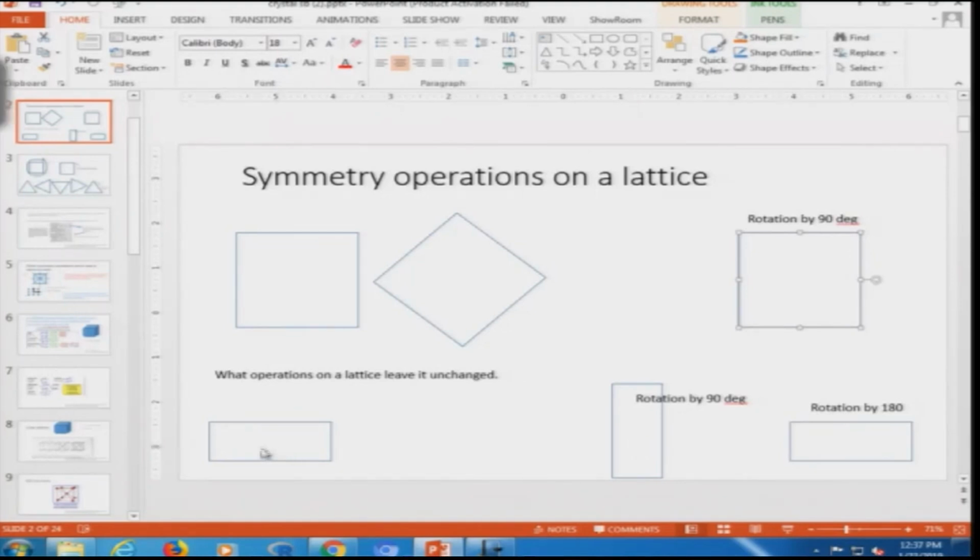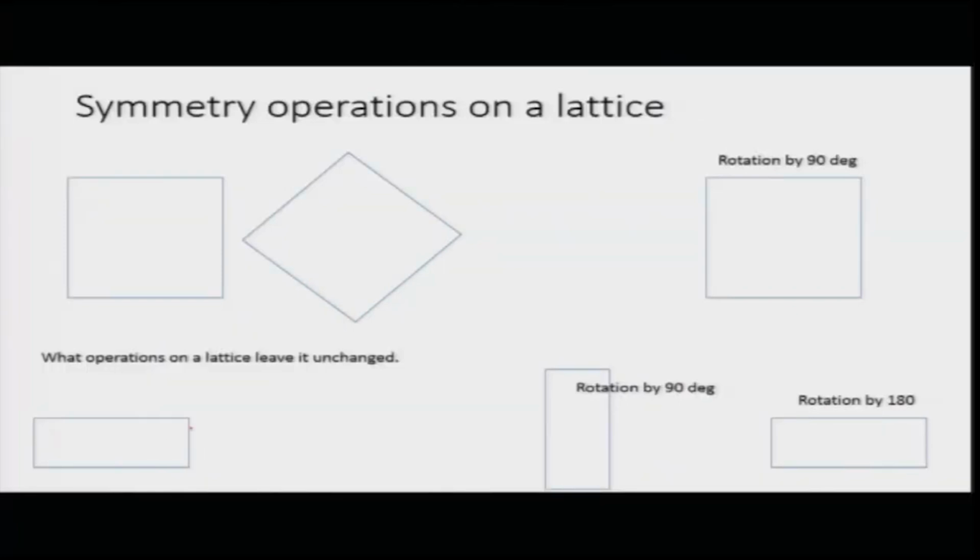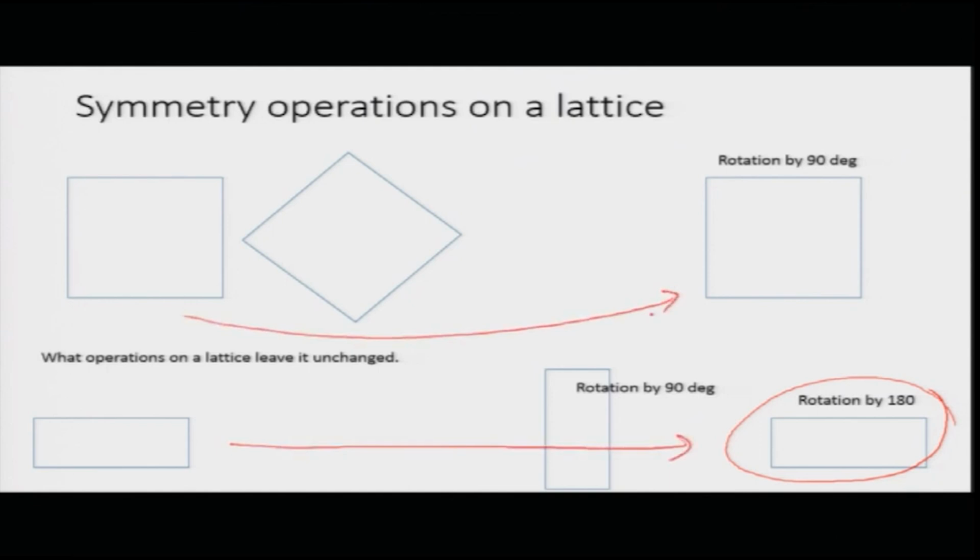For example, if I rotate this by a complete 180 degree rotation, I will get this structure. So, if I go from the rectangular structure to my 180 degree rotated structure, then it remains invariant. Similarly, a 90 degree rotation leaves these structures invariant.